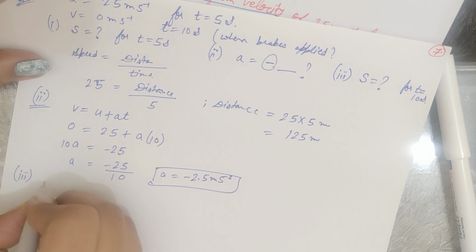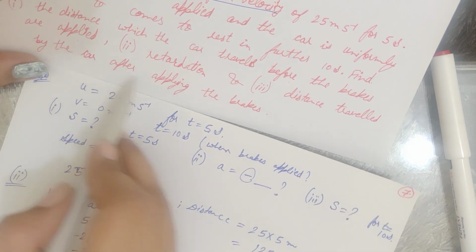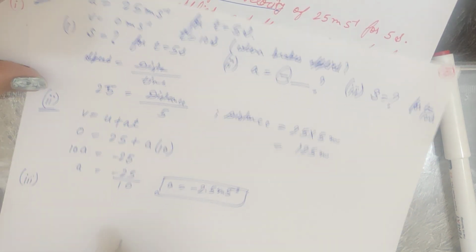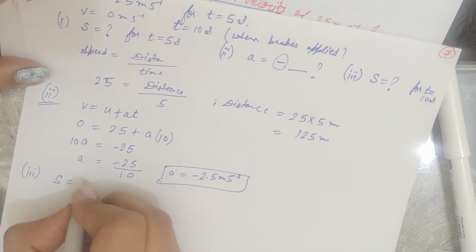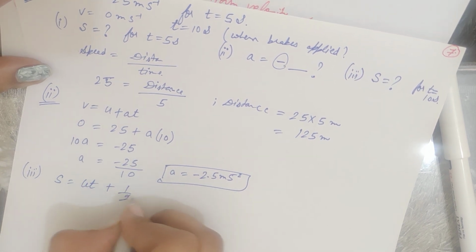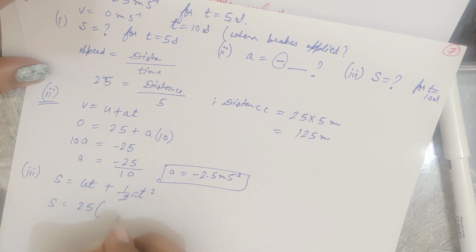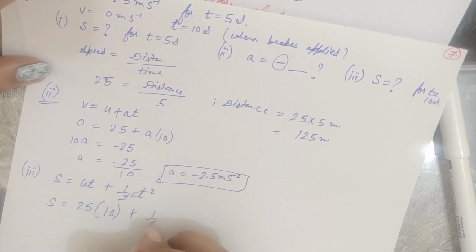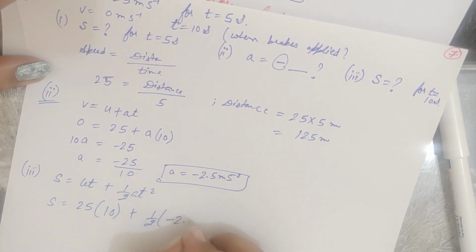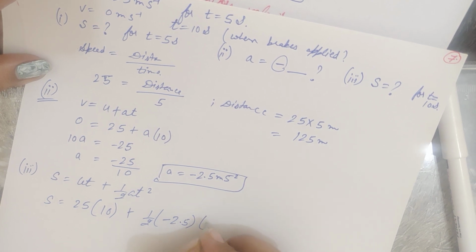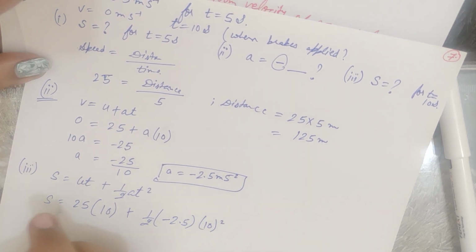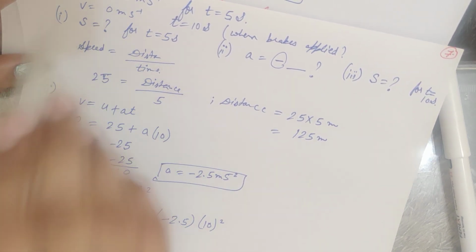Third, we need to find the distance traveled by the car after applying the brakes. It is s equals ut plus half at square. s is equal to u is 25, t is 10 we are taking here. The retardation is this, which we just found, and this u is given already.